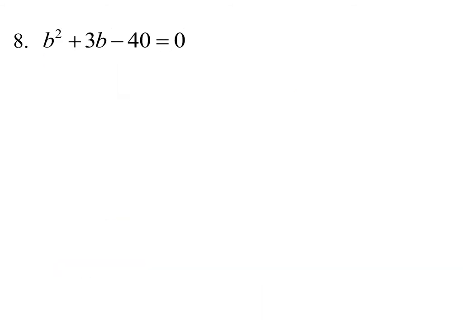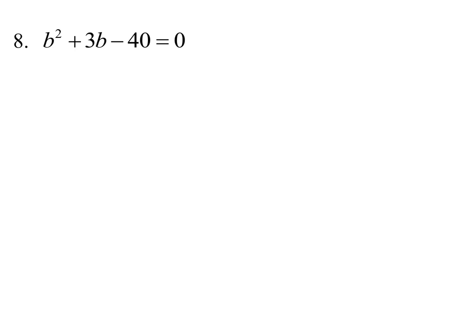So we just learned that when we have two or more factors set equal to 0, we can separate those out, set them each equal to 0, and solve each equation. Well, this one is not factored, is it? b squared plus 3b minus 40. But I can factor it. We've learned how to factor in the sections before this.